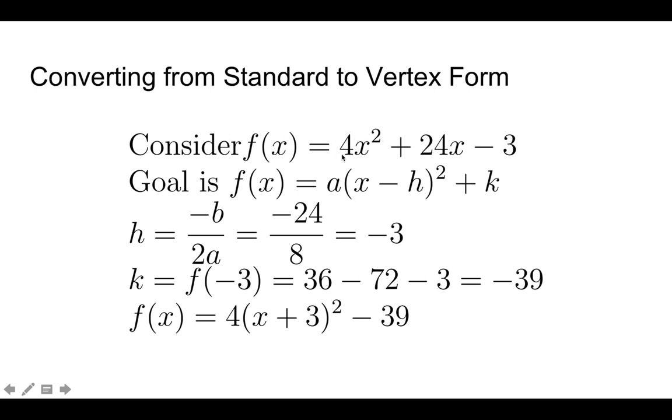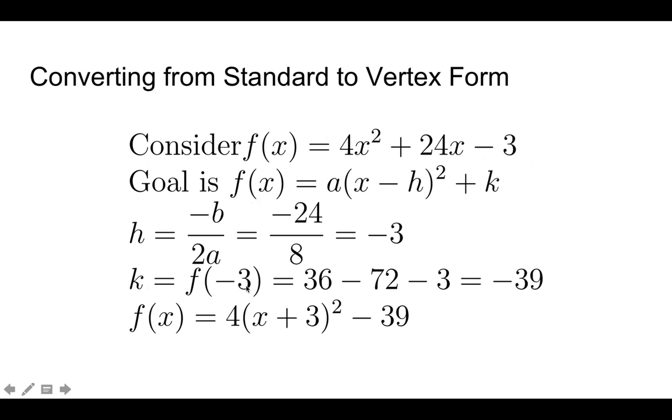That was easy. H is the opposite of b, so negative 24 over twice a. Twice a would be 8. H then would be negative 3. To find k, we always plug h back into our original and solve.